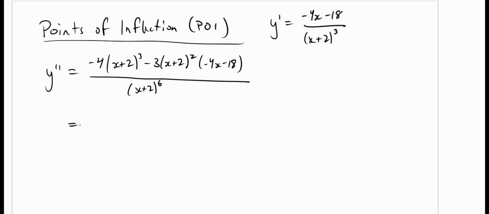Different ways you can do this. I noticed that when we multiplied the 2 through to expand the top, now inside that bracket I've got a common factor of 2. If you notice that, it might be nice to factor it out. So I can factor out a negative 2 from both of those things.